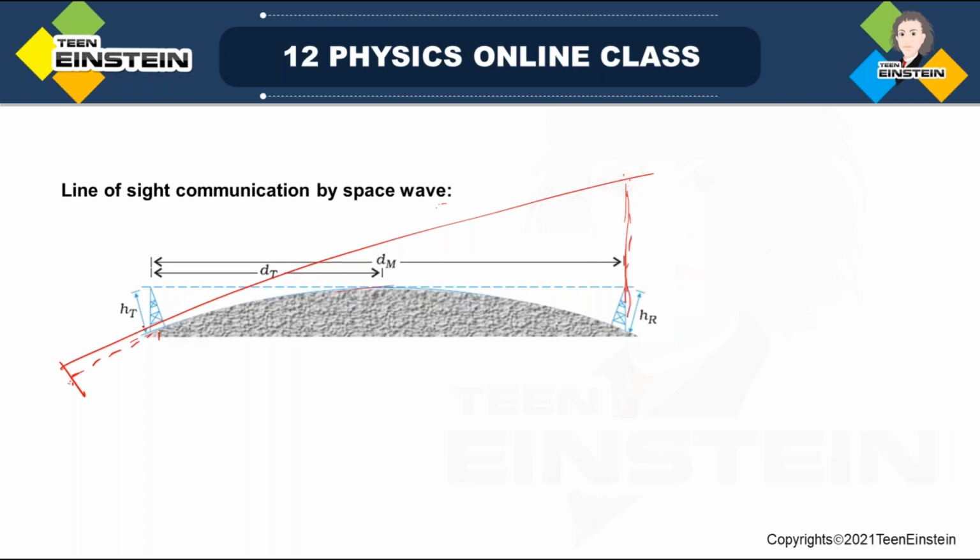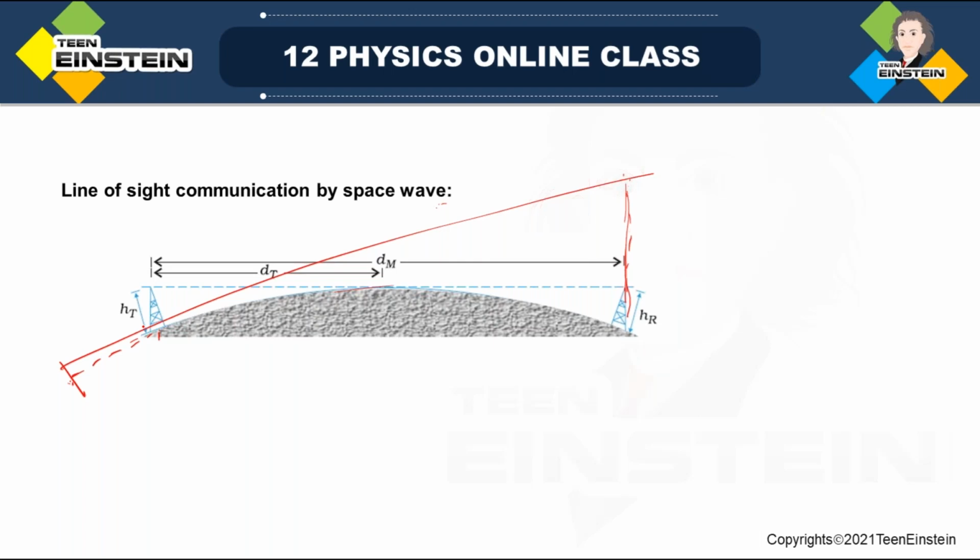So if the signal has to be received beyond the horizon, the height of the receiving antenna must be large enough so that there will be an intercept with the line of sight. Okay, line of sight.